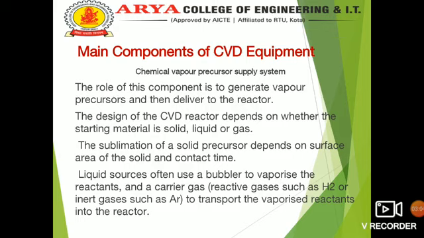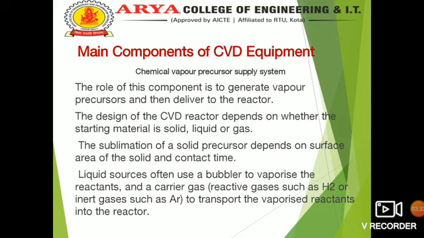The design of the CVD reactor depends on whether the starting material is solid, liquid or gas. The sublimation of a solid precursor depends on surface area of the solid and contact time.